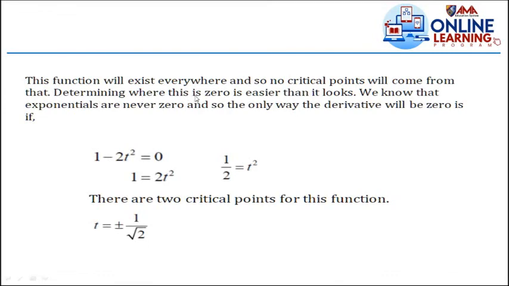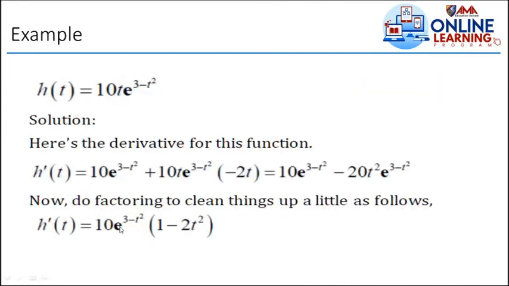Determining where this is 0 is easier than it looks. We know that exponentials are never 0, and so the only way the derivative will be 0 is if, we equate this to 0. So h prime equal to 0.